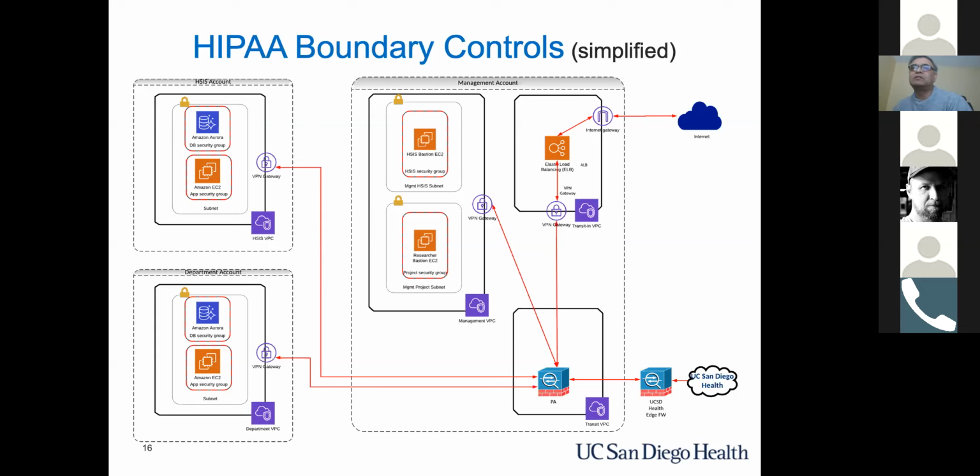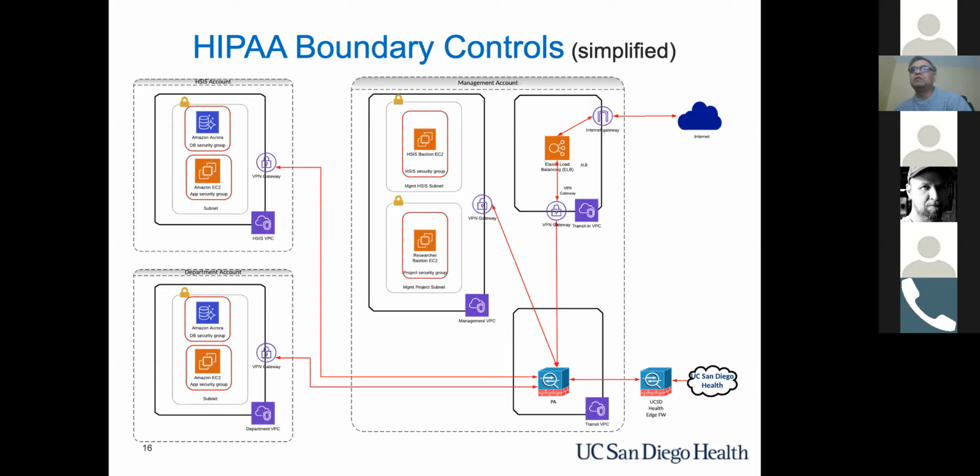So there's no direct access to the resources. And we can put a WAF in front of it if required. But that goes through the elastic load balancer and then again hits the Palo Alto virtual machine. And from there gets access only to the public subnet zone within their VPC.